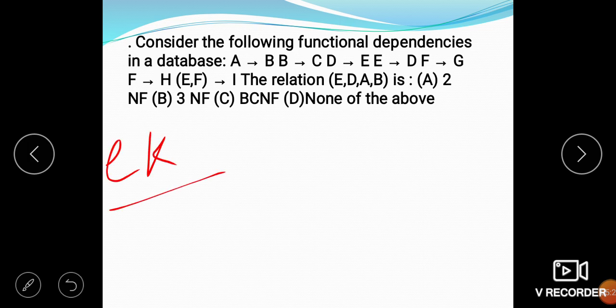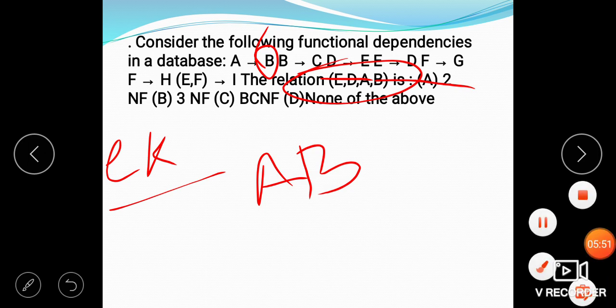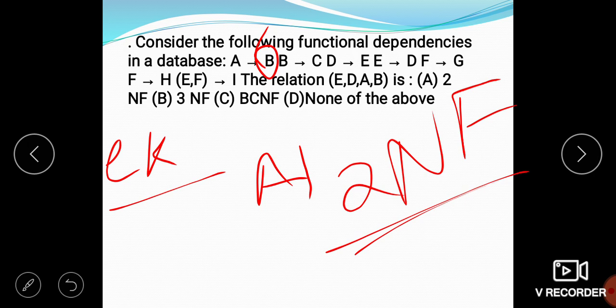A is not the candidate key because A only determines B. B determines C. Now D determines E and E determines D. F determines G. So when you find this, you can see that this is not 2NF because a partial dependency exists.